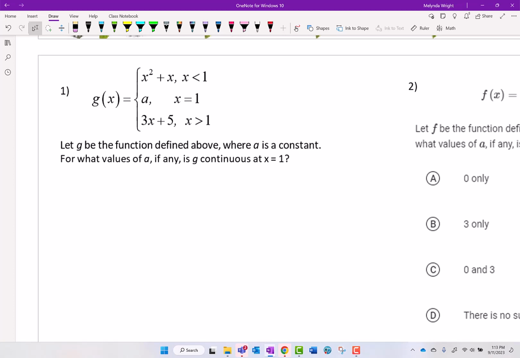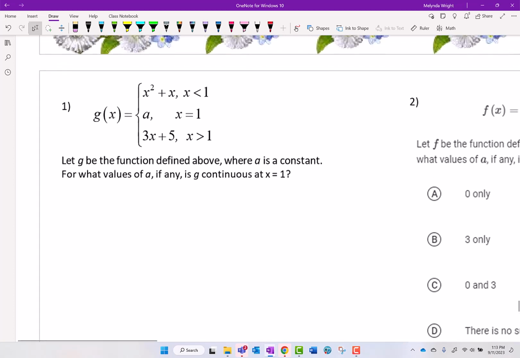All right, so let's talk about this piecewise function. This is a parabola. Are parabolas always continuous? Isn't it just like a U looking thing? Either the face is up or down. It just always goes, right? Yeah, all x's work. So this is okay. This is just a number, right?